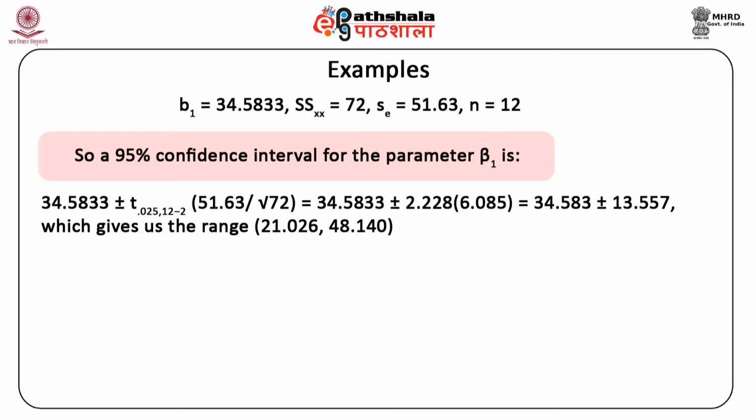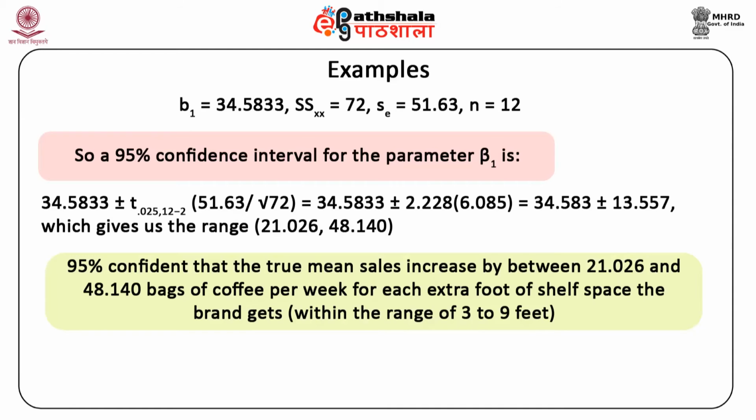And again, on simplification, we get this equal to 34.583 plus minus 13.557, which gives us the range of 21.026 and 48.140.